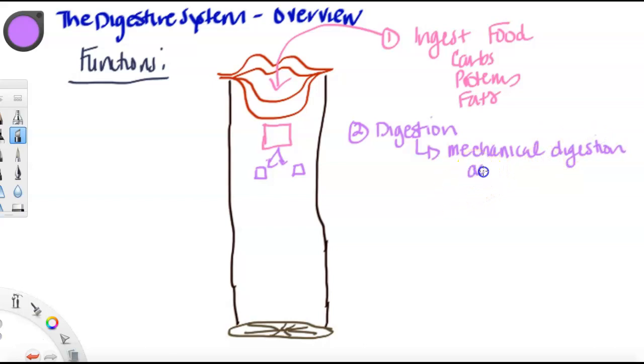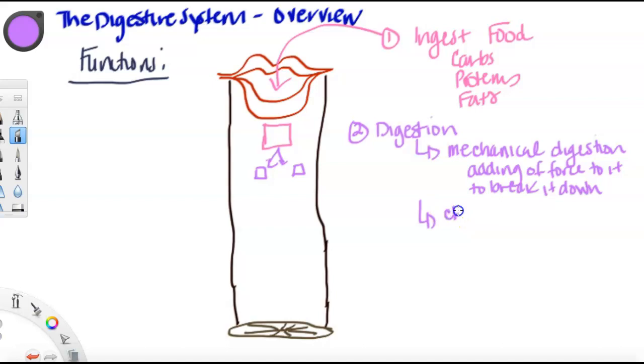So basically adding a force to it to break it down. In the stomach, it's the muscles contracting and churning it and all of that. So those are just mechanical ways that food is broken down.